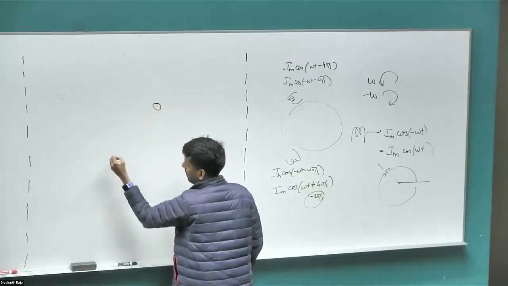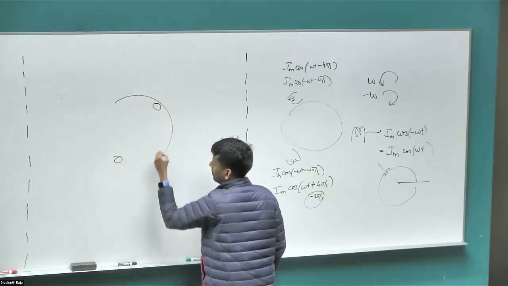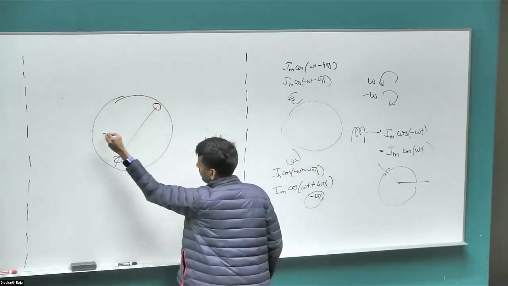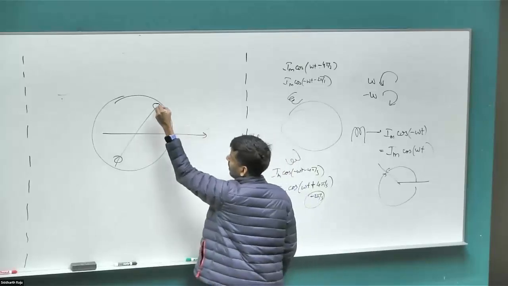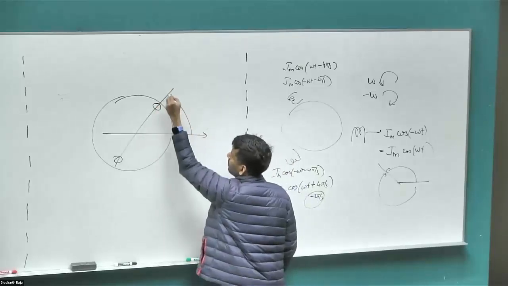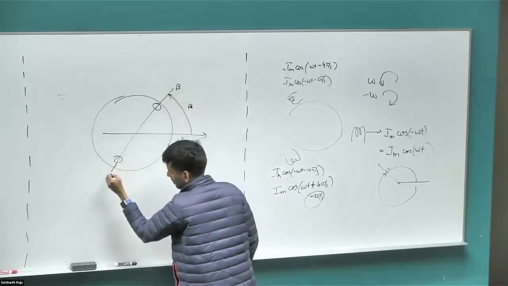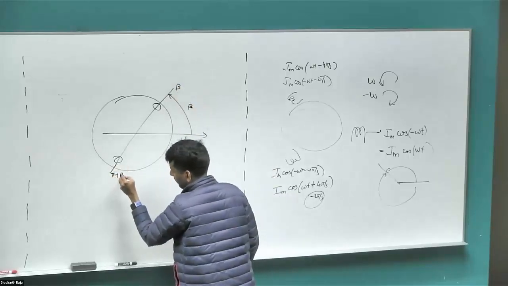So let's say we have a loop like this. This is a loop for which we are interested in finding the value. And let's say that loop is at some angle beta. So this angle is beta. This angle is pi plus beta.